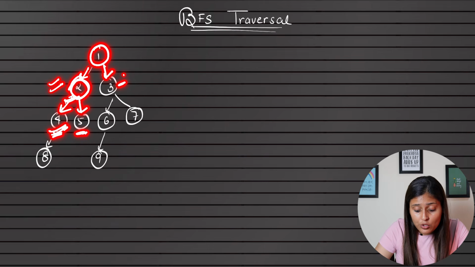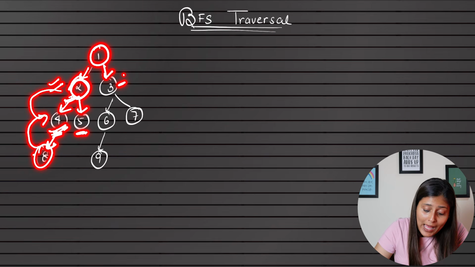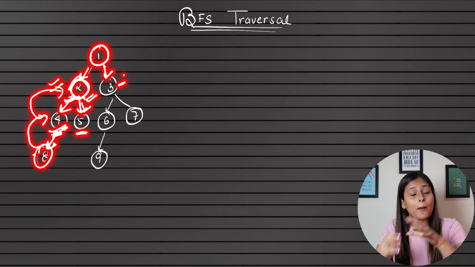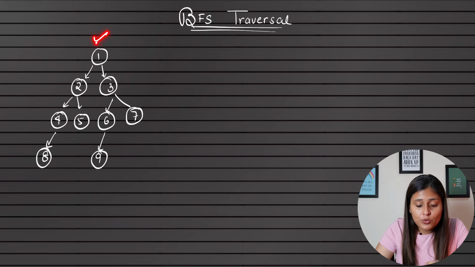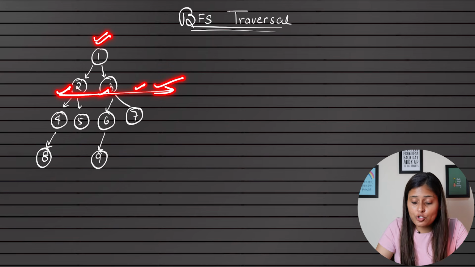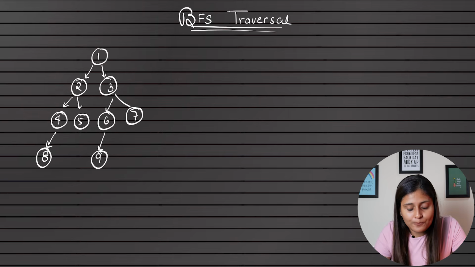Now again from 4 we had 1 or 2 options, 8 or something. Now when we return back, then on 2 we again have the other option to choose, which was 5. But in level order traversal, once you choose the parent, you have to choose all the children together. It's not like you go to 2's children, return back and then come to 3, no, okay.